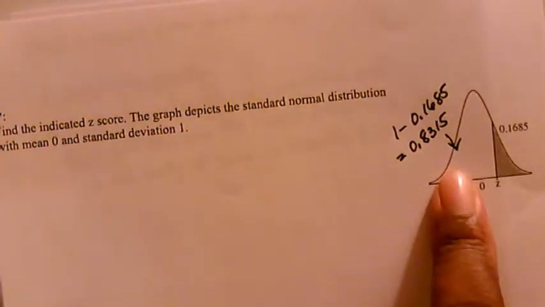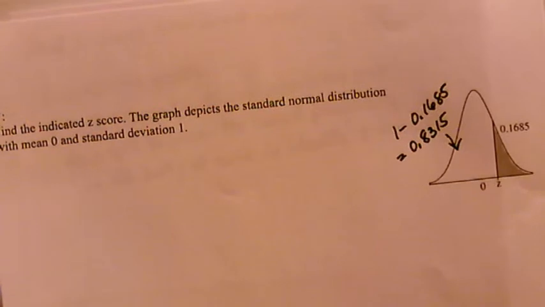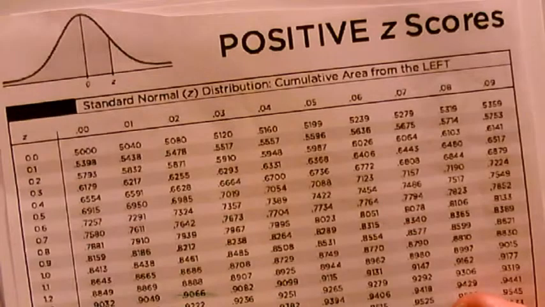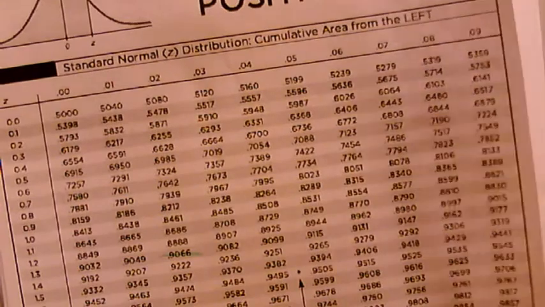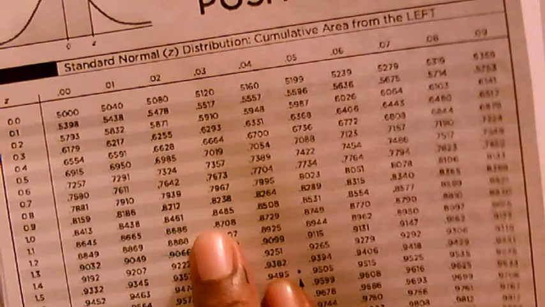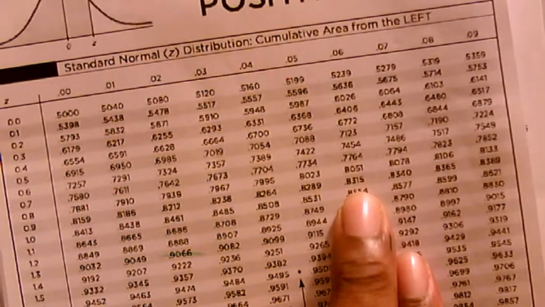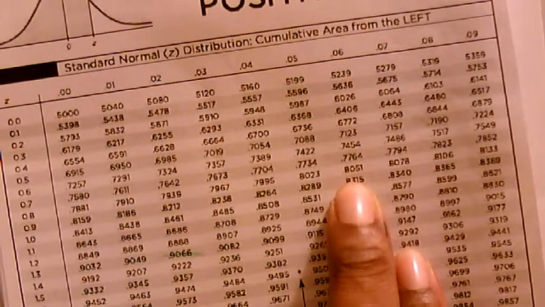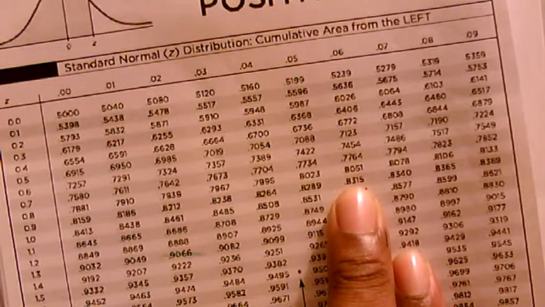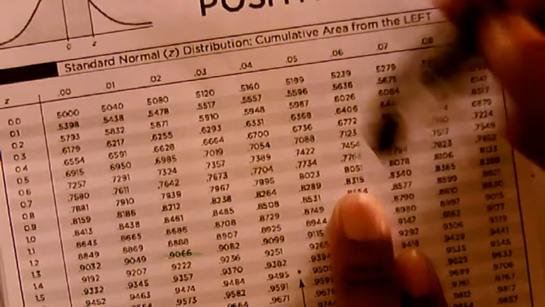So it's this area to the left that we're going to use in our standard normal distribution table. And 0.8315 is bigger than 1/2, so we use positive z-scores. And we're going to find 0.8315 in this table. Let's see, 0.8315 is right here. Now we look at the row and the column that 0.8315 is in.